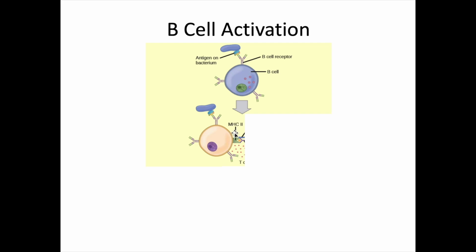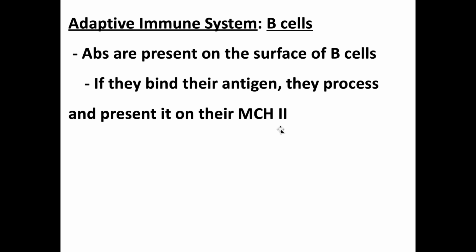Not every cell has MHC2, just B cells and a couple of other leukocytes that we're not really covering, but these B cells specifically show their recognized antigen on their MHC2, Roman numerals by convention. So if an antibody binds its antigen, these B cells process it and present it on their MHC2.